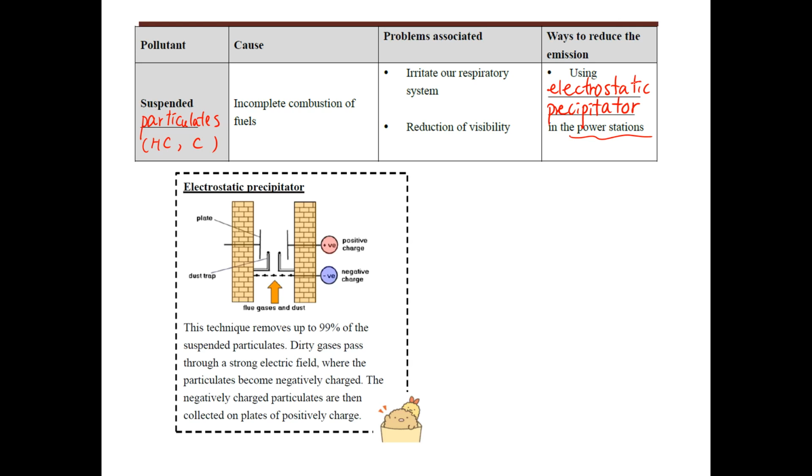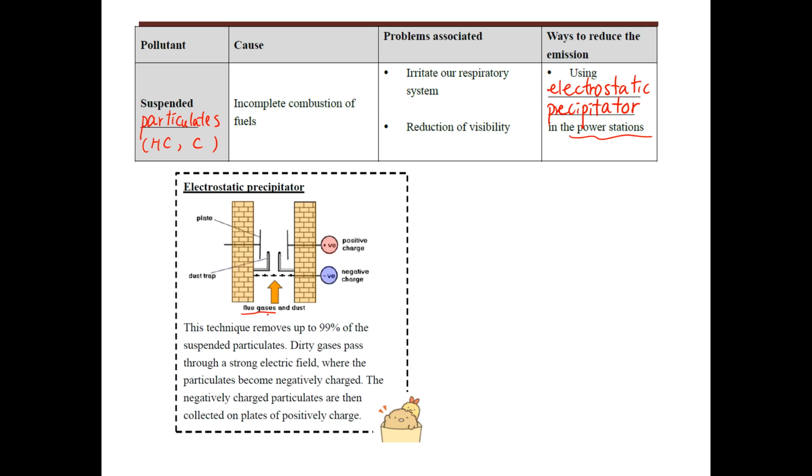Now, as you can see at the bottom of this page of your notes, there is flue gas, that is waste gas, not fuel gas. I forget how to write the Chinese word. So flue gas is waste gas, not fuel gas.